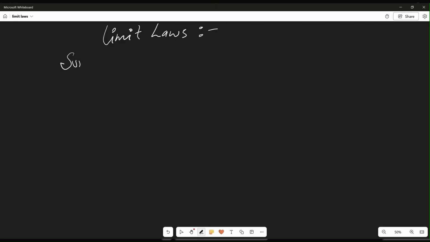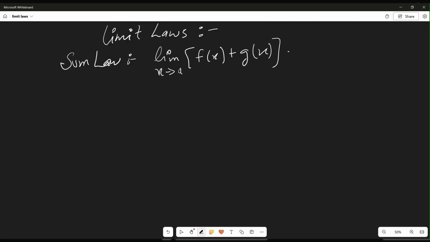First is the sum law, and then we have a difference law.